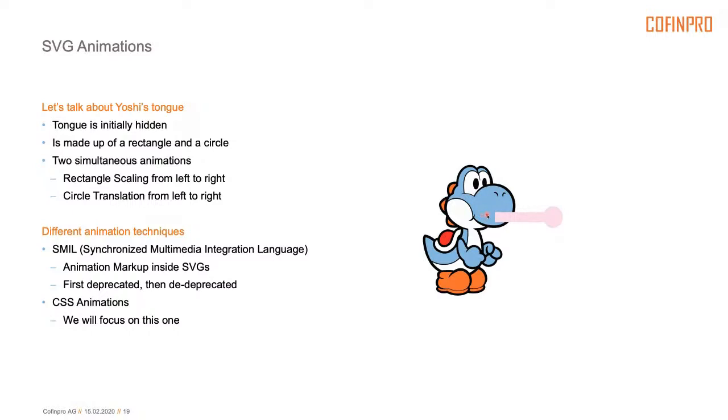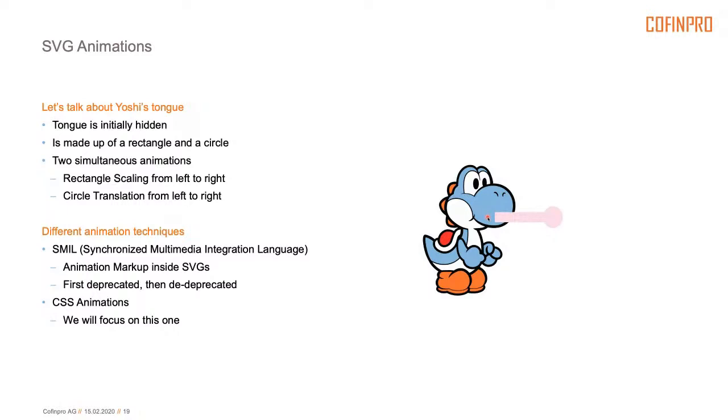In order to implement this, you have different options using SVGs. There is something that's called SMIL, which is the Synchronized Multimedia Integration Language. What this is, is animation markup inside SVGs. What's good to know is that this format was first deprecated by Google, and then it was kind of de-deprecated.